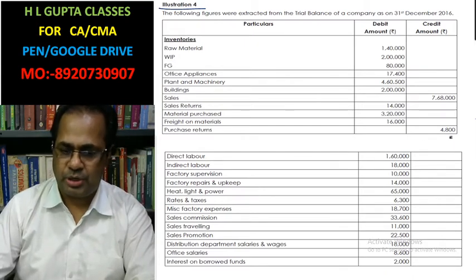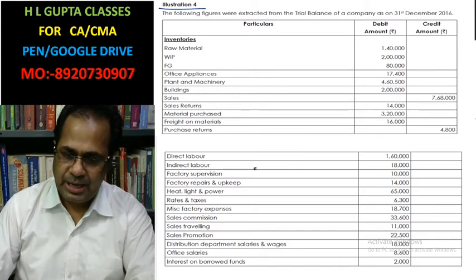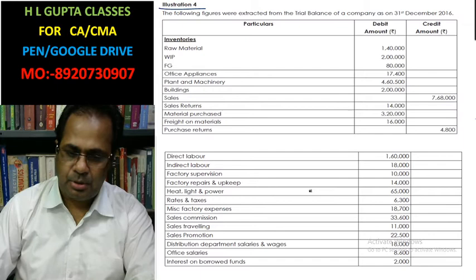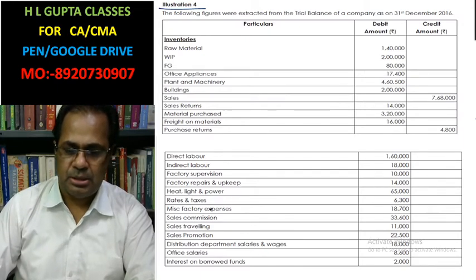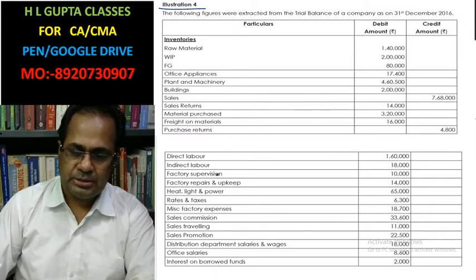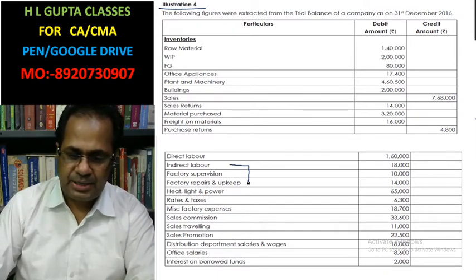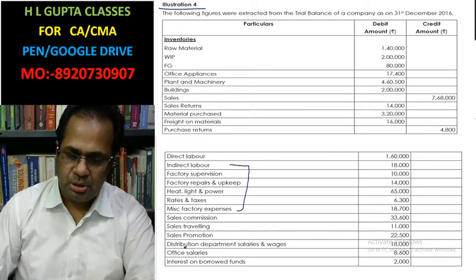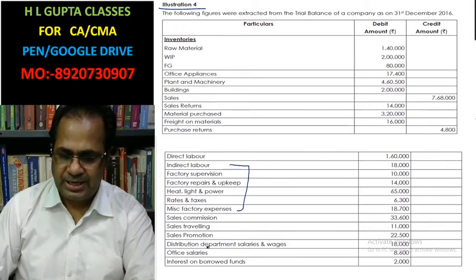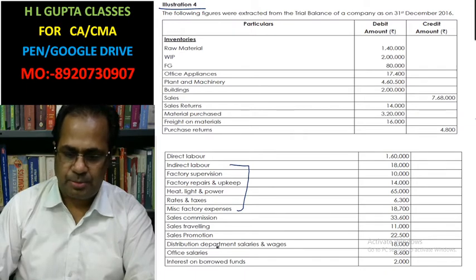Purchase return 4,800. Direct labor, indirect labor, factory supervision, factory repairs and upkeep, heat, light and power, rates and taxes, miscellaneous factory expenses. These are all included in the factory expenditures. Then sales commission, sales traveling, sales promotion, distribution department salaries and wages, and office salaries.